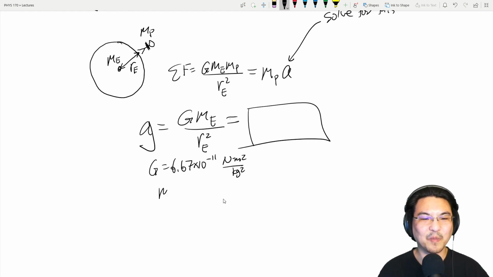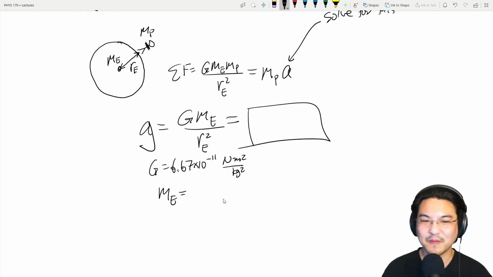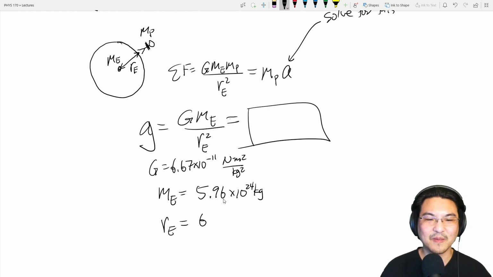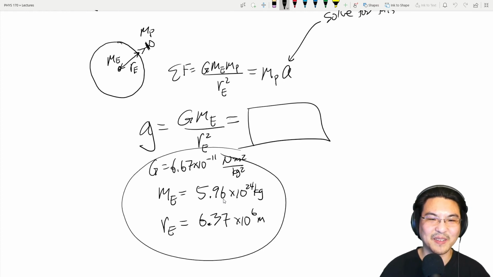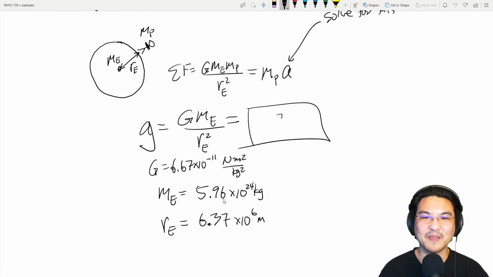The mass of the Earth is about 5.96 times 10 to the 24 kilograms. And the radius of the Earth is about 6.37 times 10 to the 6 meters, 6,370 kilometers. Try plugging these numbers in and see what you get. It'll be around 9.8 meters per second squared, and that's where we get that value.